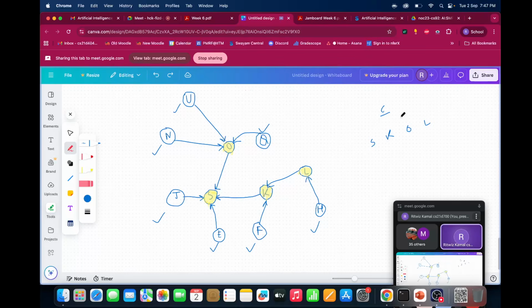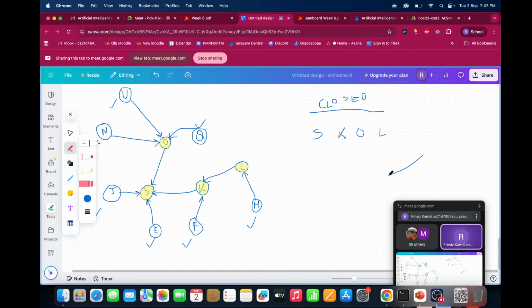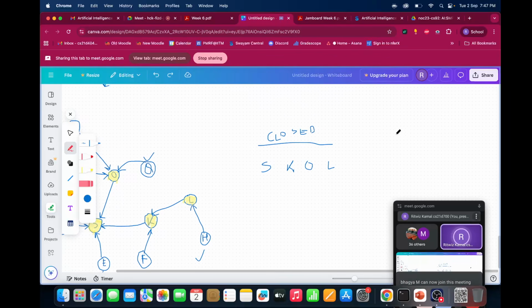Okay, in case this is getting confusing, let me write it down completely. So the 4 elements in the closed list are S, K, O and L, right? In that order we refined it. We have to decide which of these go into boundary and which of these go into kernel.